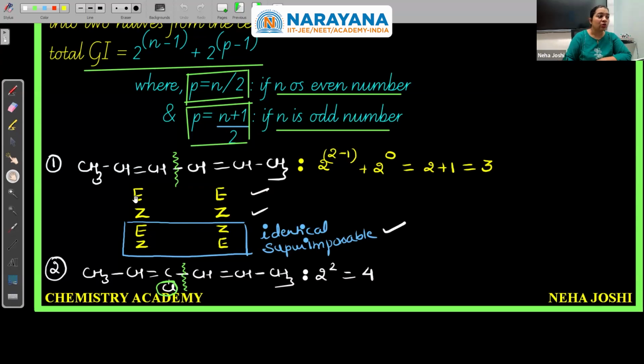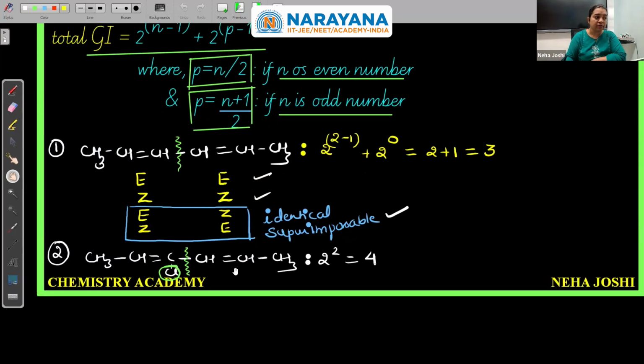What happens is both E is acceptable, both Z is acceptable. But if I have one E and one Z, then EZ or ZE are identical and superimposable. Some of the cases are repeating themselves. So that is why the value is less than what it would have been with the direct formula of 2 raised to power n. Right?